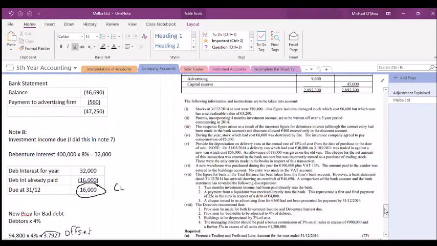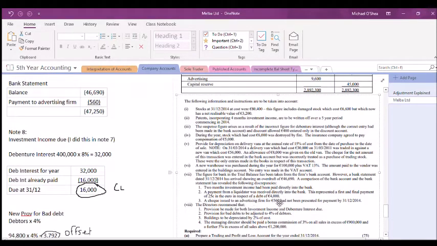Now the only thing left to look at for this note is our check issued to an advertising firm. So this here is always phrased in the same way. This had not been presented for payment at the end of the year. So if it hasn't been presented for payment, they're basically telling you, we didn't present this to the bank. The bank has no idea this took place.